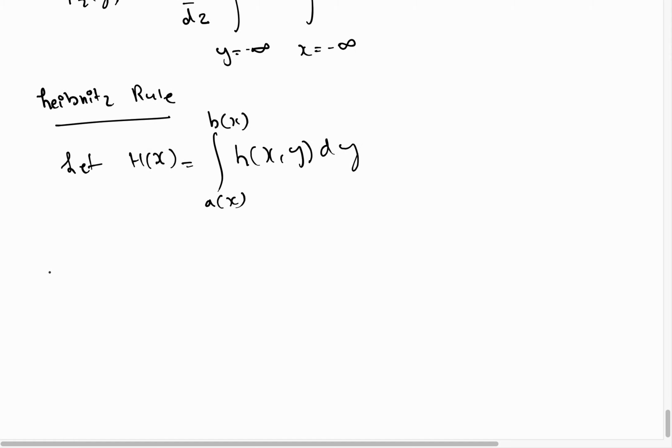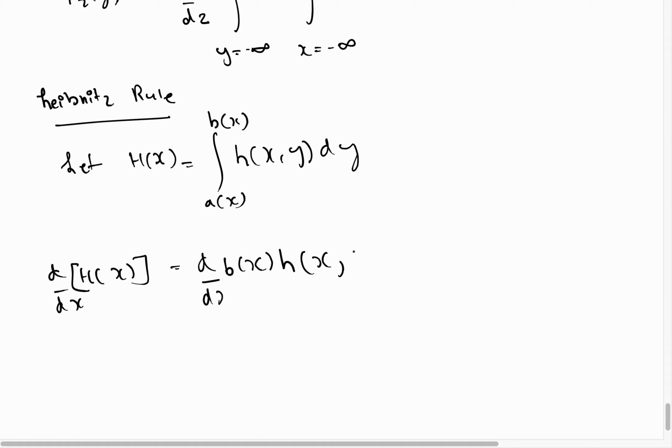Using the Leibniz rule we say that d by dx of h(x) is equal to d by dx of the upper limit b(x) times h evaluated by replacing the variable of integration by the upper limit, minus d by dx of the lower limit a(x) times h evaluated by replacing the variable of integration by the lower limit.